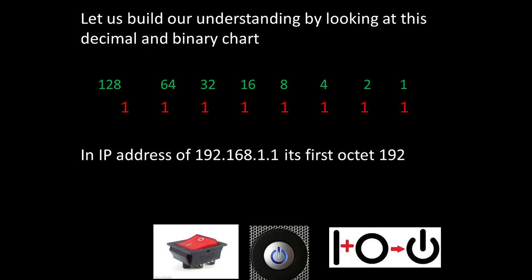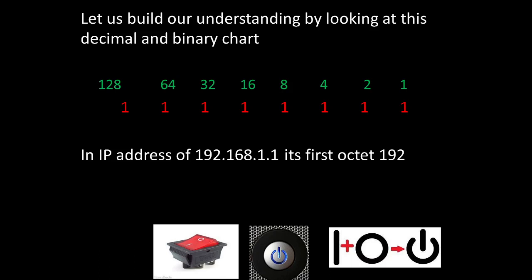So if you are to convert 192 into binary, then you are going to turn on 128 there. That one will remain on, and then 64 will also remain on, 32 will also remain on, 16 also remain on, because we are adding 128 plus 64 plus 32 plus 16, and then that will come to about, okay, we're still missing some for 192.